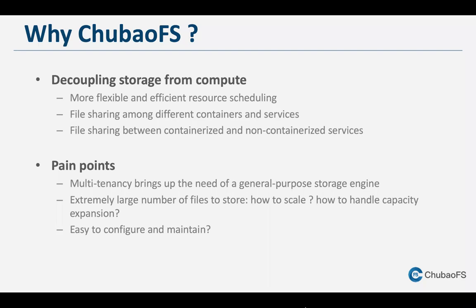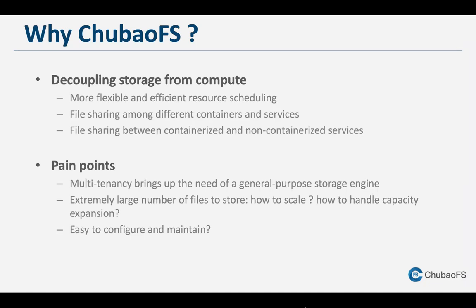Because the traditional file system solutions like HDFS, using a single master to store the file metadata, will no longer work for us. A follow-up problem is how can we handle the capacity expansion? Because 4 years ago, we had just 2 billion product images, but now the number is 1 trillion.